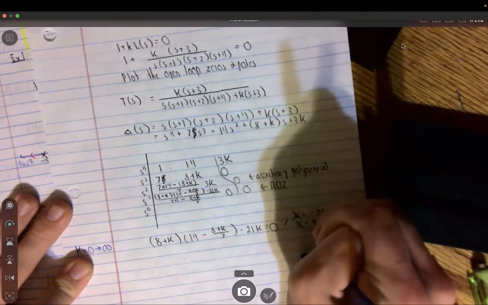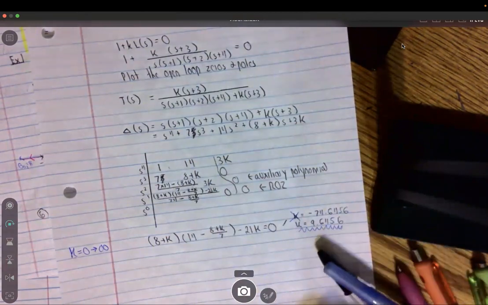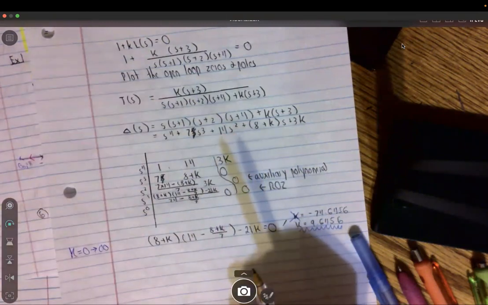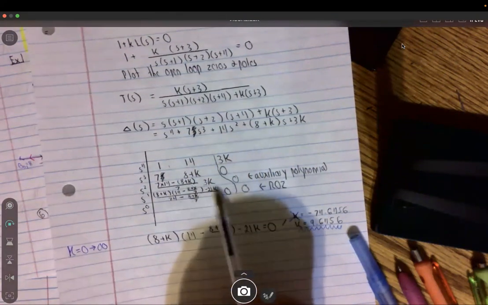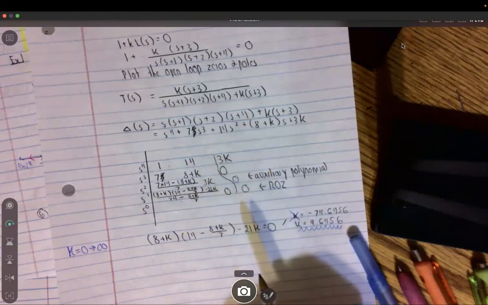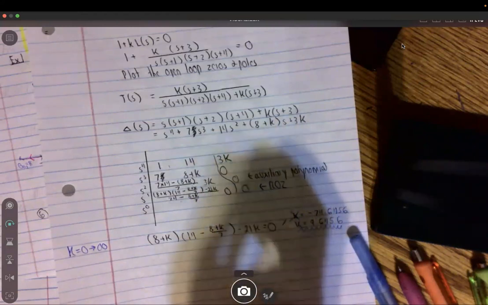We're only interested in this one. In order to generate a row of zeros, this numerator was set equal to 0, and that generates the row of zeros here. This would be your auxiliary polynomial.